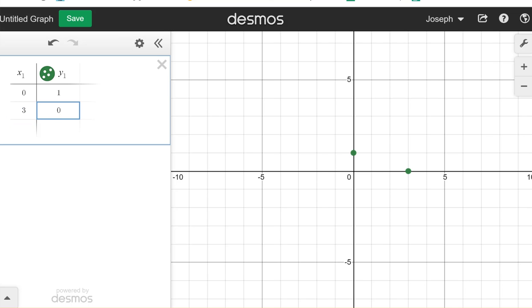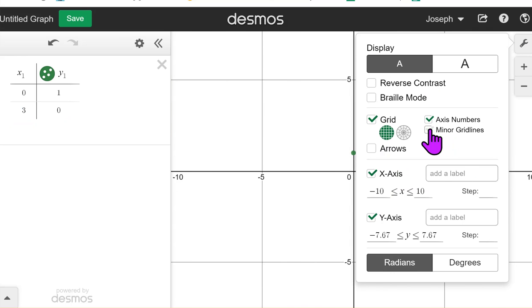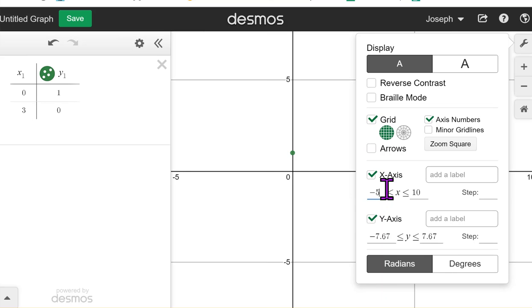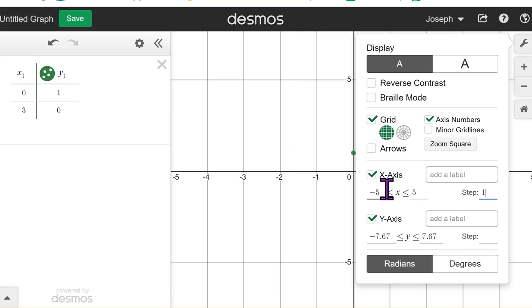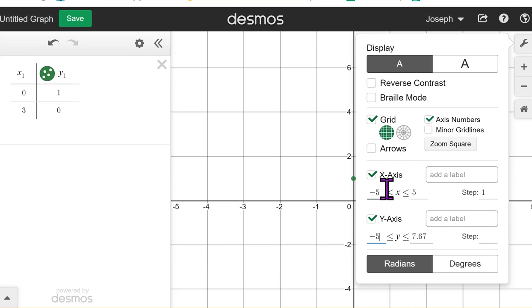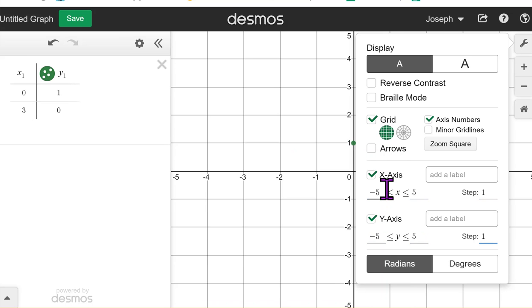So those are my 2 ordered pairs. Now I'm going to come over here and fix my graph. It needs to be from negative 5 to 5 in steps of 1, and negative 5 to 5 in steps of 1.